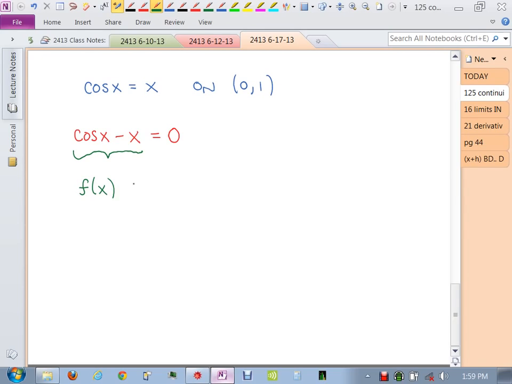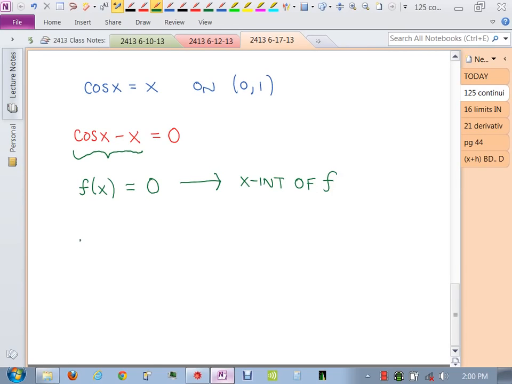And so what I'm asking for here is to find when f of x is 0. What do those correspond to geometrically? When the function is 0, what is that on its graph? The x-intercepts of the function.